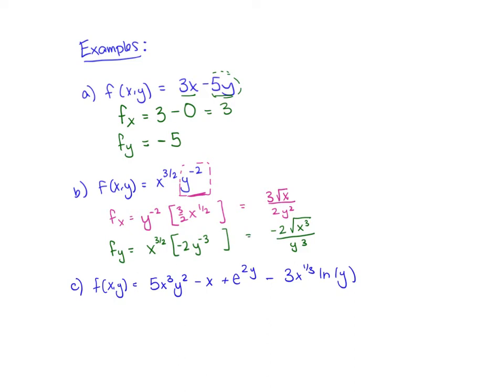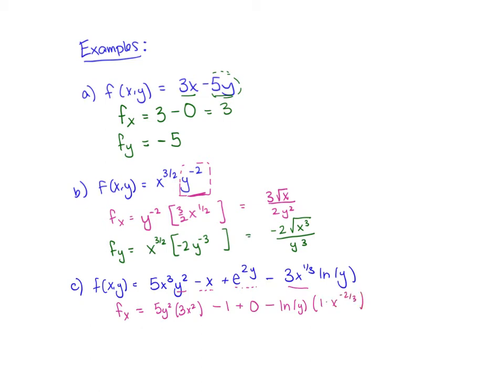For this one here, let's do the partial with respect to x. Y is again a constant, so 5y squared is just a constant that comes along. I take the derivative of x cubed, which is 3x squared, minus derivative of x with respect to x is just 1, plus, this is just a constant with respect to x, so its derivative is 0, minus ln of y is a constant with respect to x, and then I have to take the derivative of 3 times x to the 1/3, so 1/3 times 3 is just 1, x to the negative 2/3.